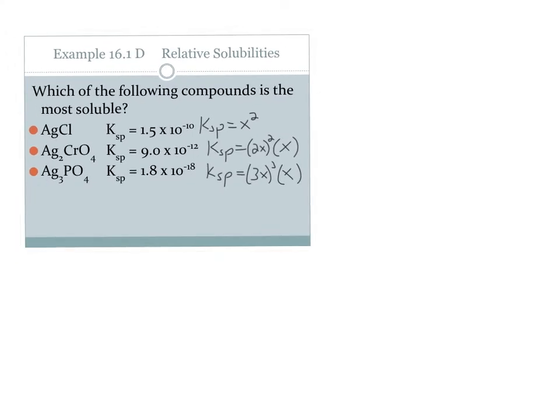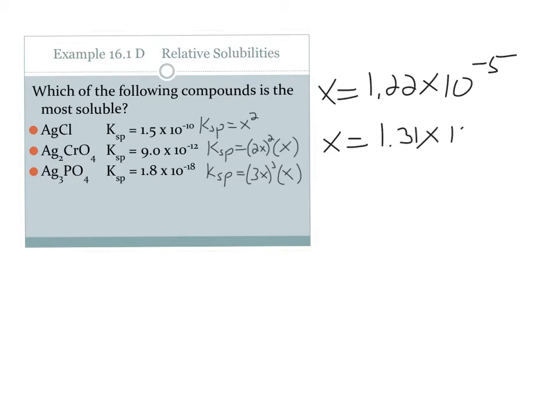Let's solve for them. The silver chloride X value, 1.22 times 10 to the negative 5th. The silver chromate, 1.31 times 10 to the negative 4th. That's more soluble. These are molarities.